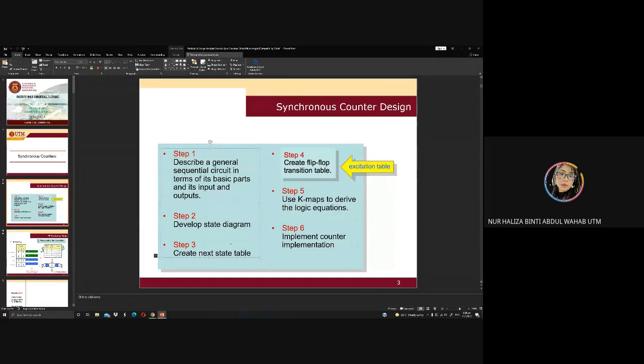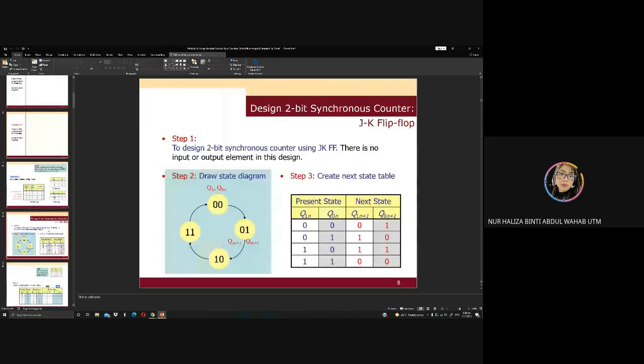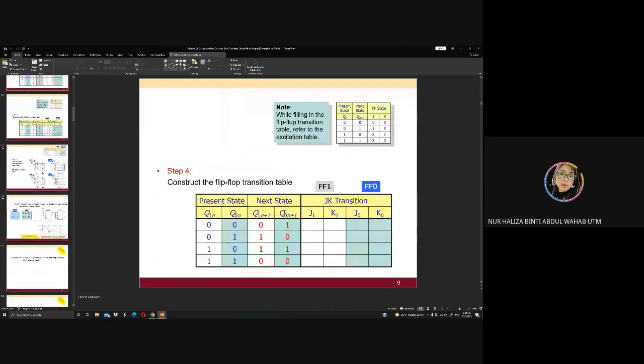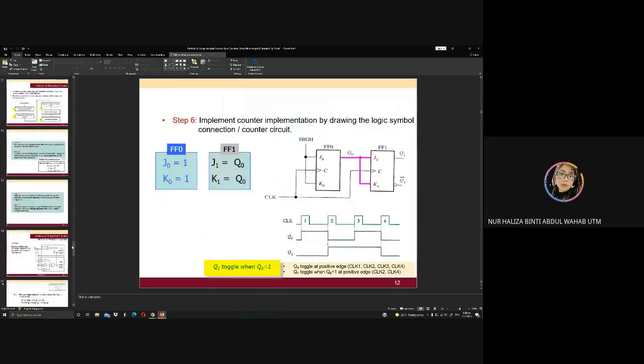Vice versa, just now you needed to draw the state table, but now you need to draw the state diagram first. And then you need to create the flip-flop transition table, the new thing that you're going to meet. Use the K-map to derive the logic equation. And lastly, implement the counter. So maybe before our next class next week, please make sure you read and go through it first. Then we will discuss together. Okay?